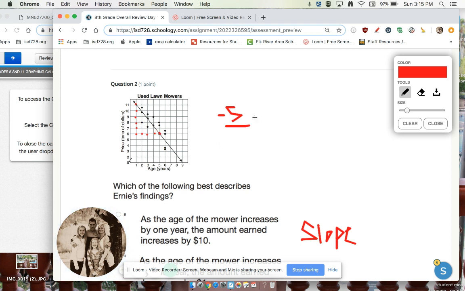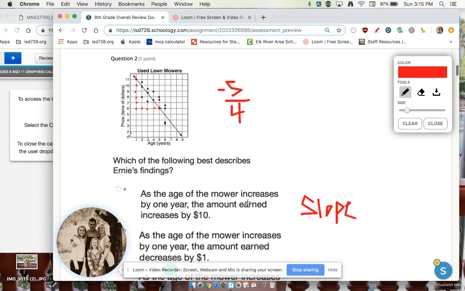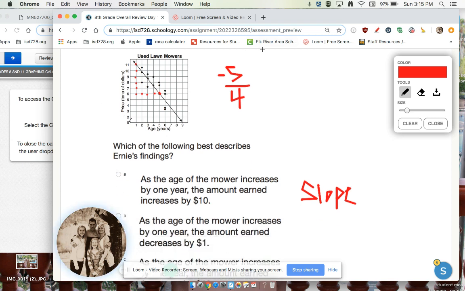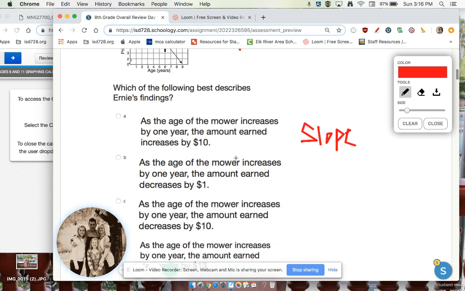Down 5 over 4 is my slope. And none of the choices really shows down 5 over 1. This really represents down 5, and down 5 is in tens of dollars, so down 50 is really what that represents. Down 50 over 4. So let's try to find the best match here.